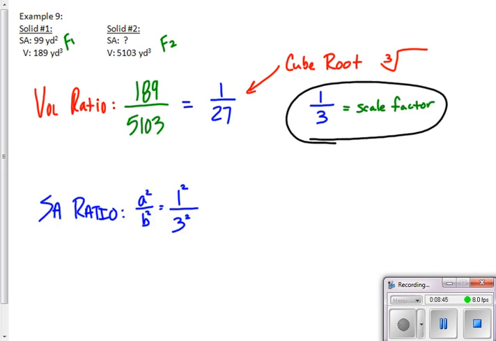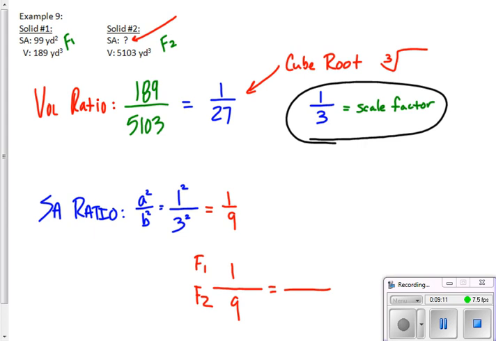So finding that surface area ratio will look something similar to this. I'd use my scale factor, square a and b, and my surface area ratio would be 1/9. Using my surface area ratio, I can now find out the surface area of figure 2. So I'll go ahead and say that this is figure 1 again over figure 2. Here's my surface area ratio of 1/9.